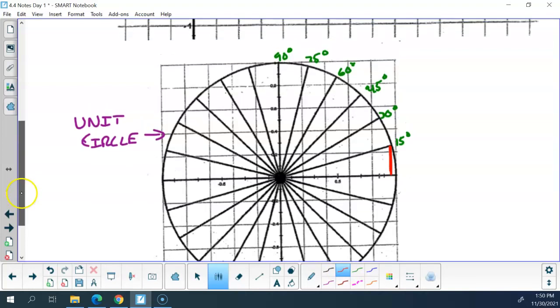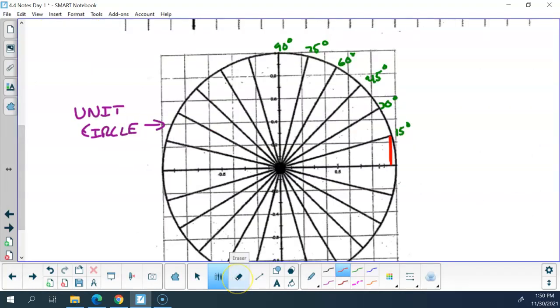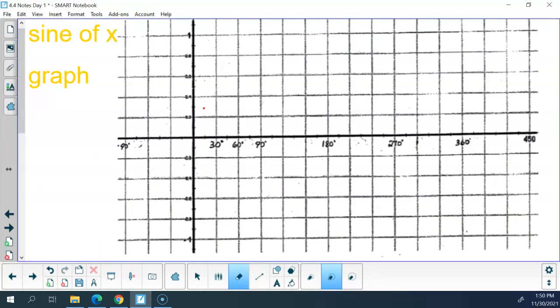Then you're going to go up here to your graph, find 15 degrees, and put a dot right there. So right here is my 15-degree dot. The boxes are in the same unit. You're going to measure with your spaghetti. You can break off chunks.